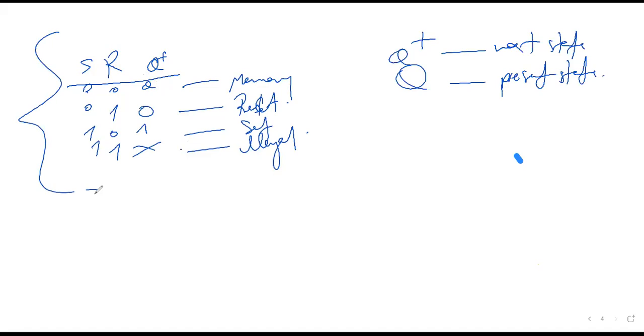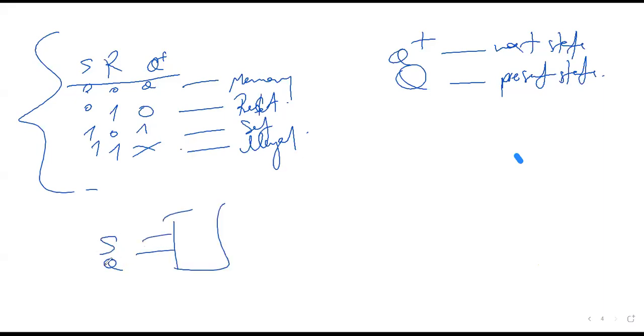We discussed this. Then we discussed the operation of how we came up with this truth table using a NOR gate. We also talked of the block diagram.